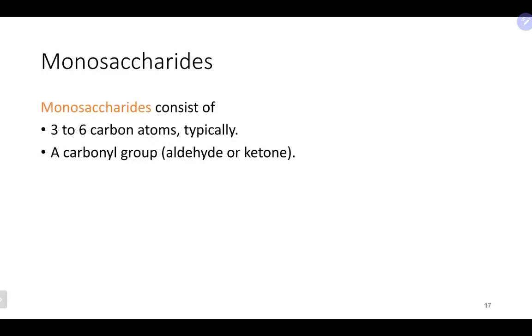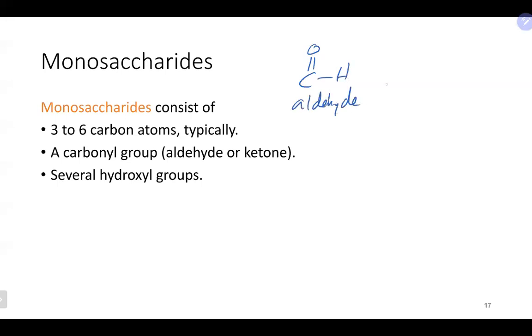So let's talk a little bit about some monosaccharides and what they consist of. Monosaccharides will consist typically of 3 to 6 carbons, and they will have an organic group on the top. So they'll either have an aldehyde group, which hopefully we still remember is this group, or they will have a ketone group, which is that 3-carbon group at the top of it as well.